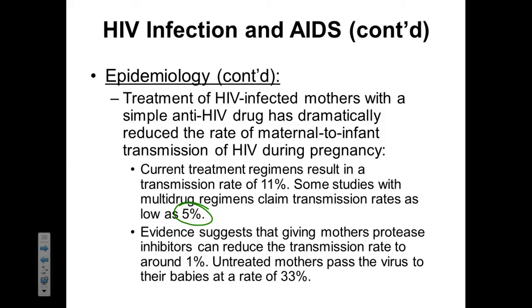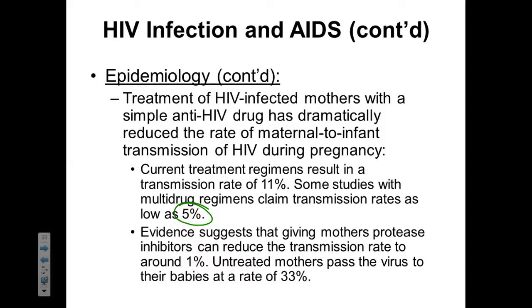It's also been suggested that if we could give the mom a protease inhibitor, we can reduce the transmission rate even more. The downside is that protease inhibitor is going to have a lot of nasty side effects. Protease is a general class of proteins or enzymes that breaks down proteins within our body. Proteases are very important for our digestive tract. If we give mom a protease inhibitor, yes, the virion particle will have a much harder time reproducing in her body, but she'll also have a much harder time digesting proteins within her body.